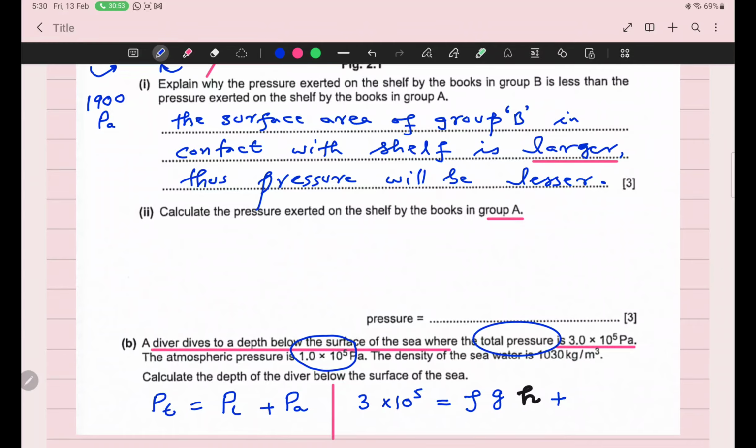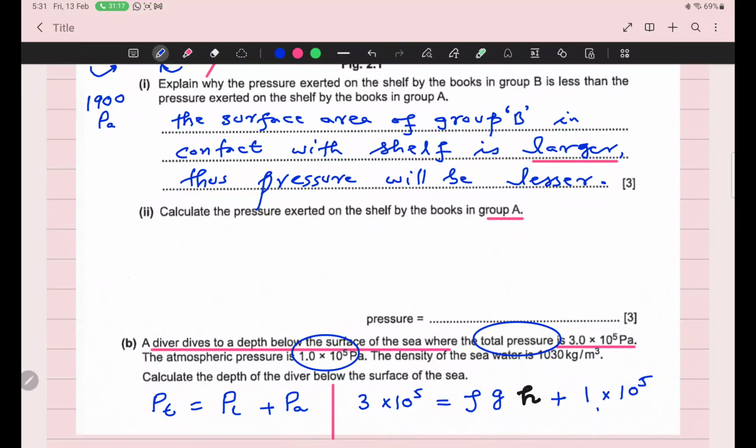We are given atmospheric pressure, which is 1 exponent 5. Total pressure is 3 exponent 5. Pressure of liquid is rho g h.